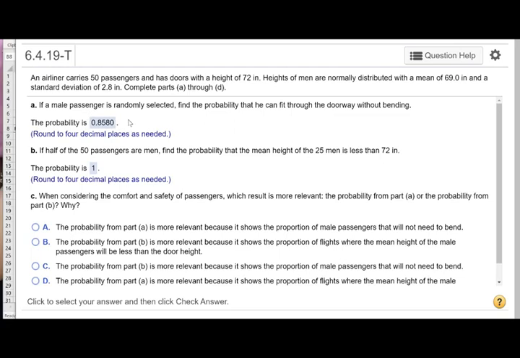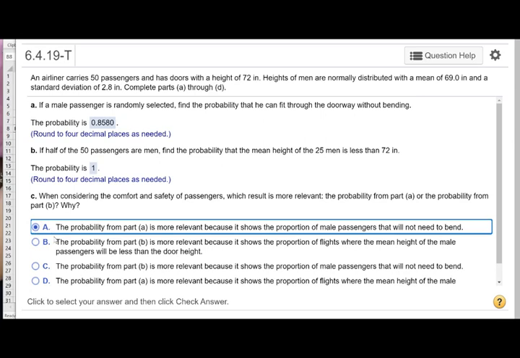And that's what part A is telling us, that 85.8% of all men should be able to fit through the door without ducking down. We're not concerned about groups of 25 and on average how many of them, we're talking about individual men. So the probability from part A is more relevant because it shows the proportion, or percentage, same thing, of male passengers that will not need to bend. Yeah, I'm definitely leaning towards A.